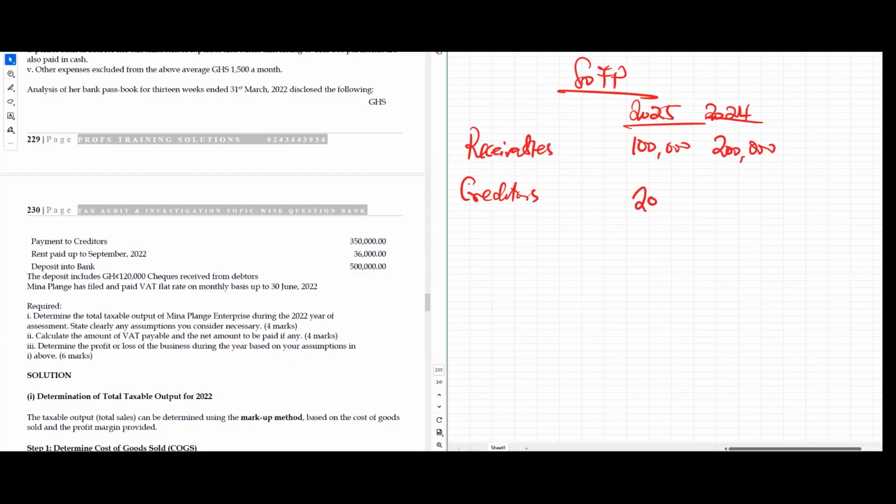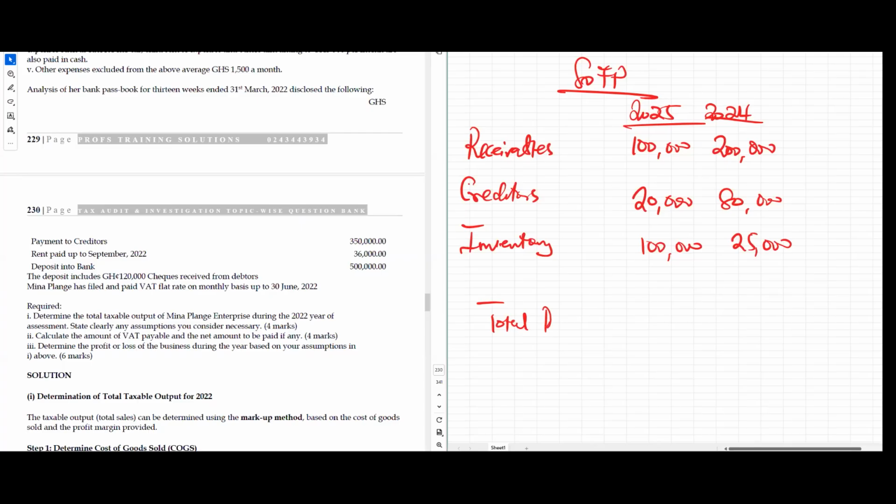Let's say he had 20,000 here and 80,000 there. Then inventory: let's say he had 100,000 here and 25,000 in 2024.